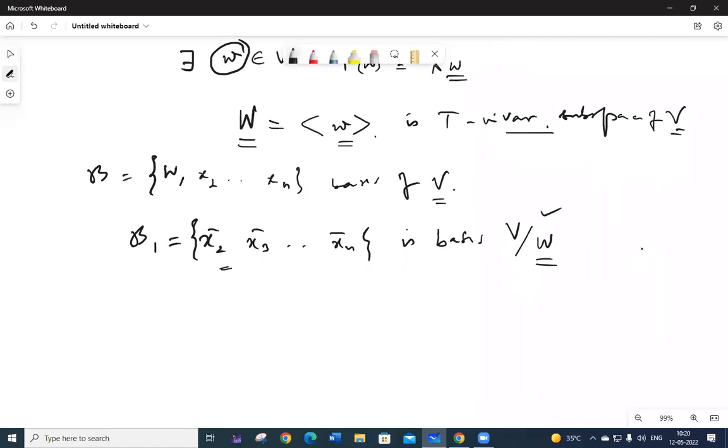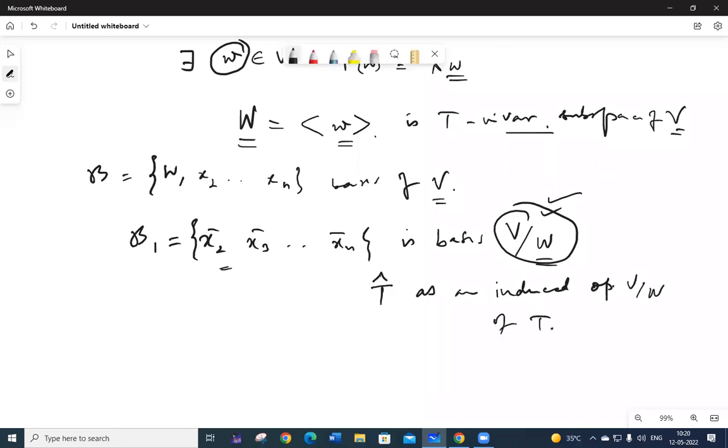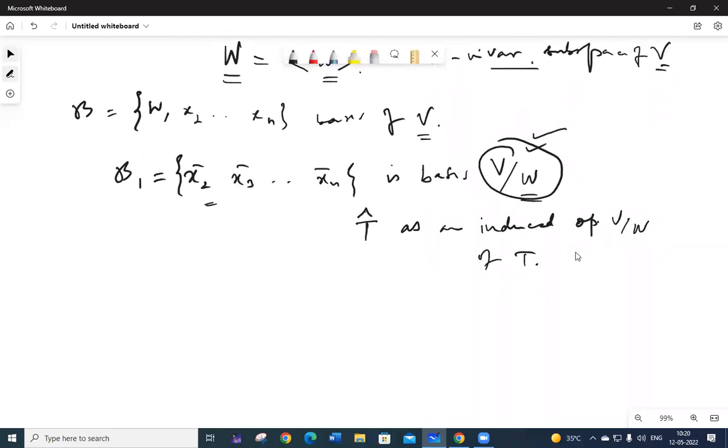Right. And since W is a T invariant subspace, then you have T cap as an induced operator on V by W, the induced operator of T. In the result above I could show that CT cap divides CTX.